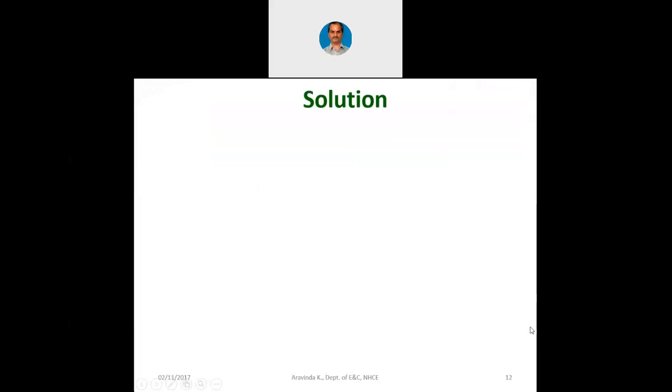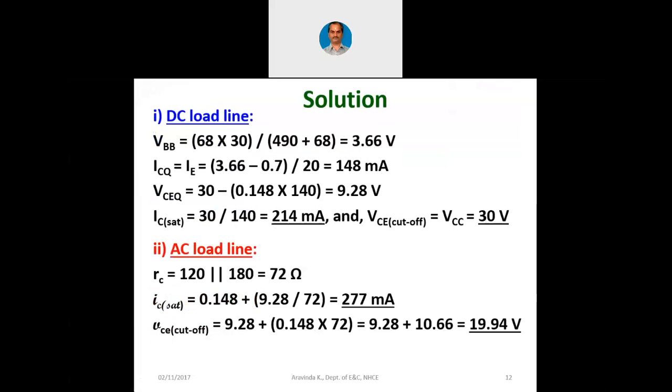Here in this case, even though I told you it is approximately 22 volts, actually we are getting lesser. Why? Here you can see 9.28, ICQ into RC or VCEQ, whichever is smaller. Now when we calculate ICQ into RC, it is here 0.148 into 72, that is here 10.66. See, there is this 10.66. Let me change the color.